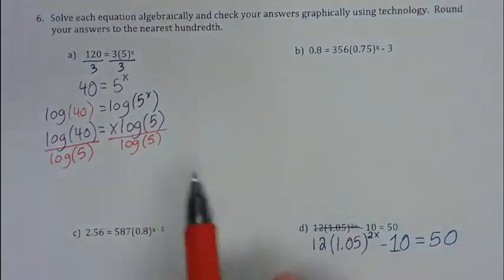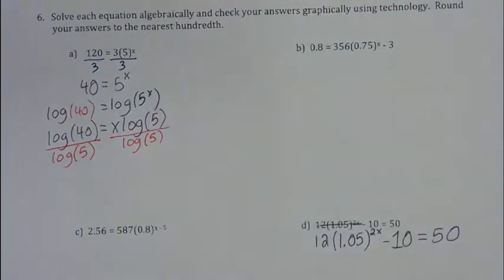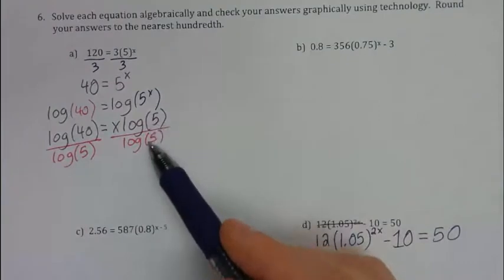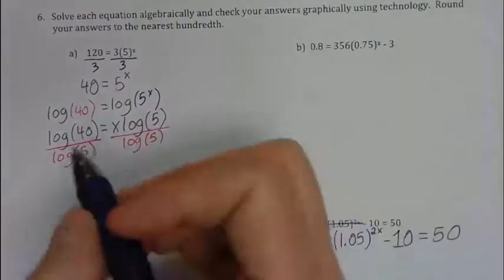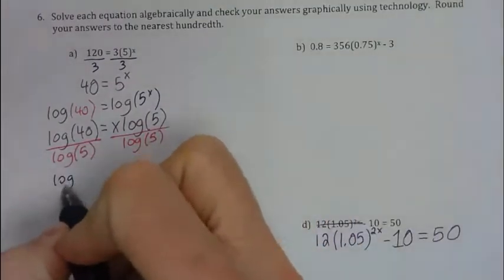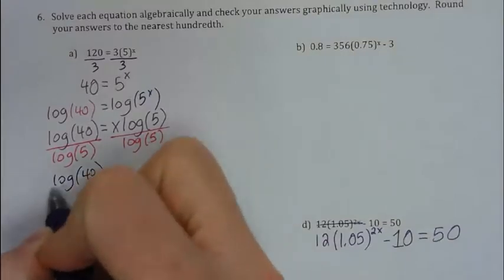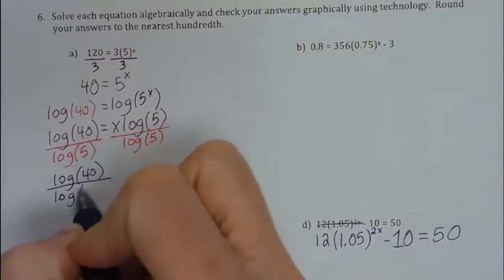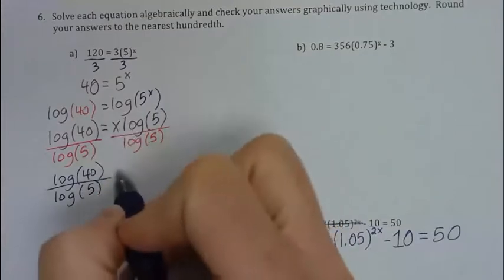On this side on the right, I know that log of 5 divided by log of 5 is 1, so that just goes away. And so our answer, x, would equal the log of 40 divided by the log of 5.